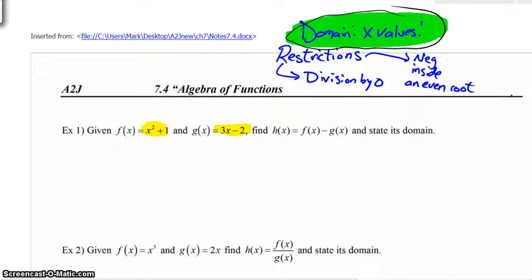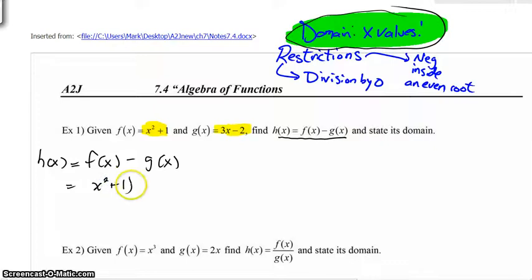Take a look at example 1, though. We have f of x is x squared plus 1, and g of x is 3x minus 2. H of x, plain and simply, is f minus g. So what we do is we just follow these directions. We're going to take function f, which, by the way, is x squared plus 1, and we're going to subtract 3x minus 2.